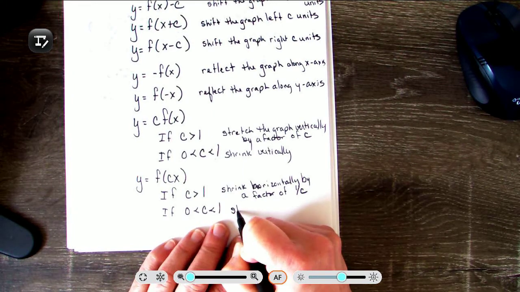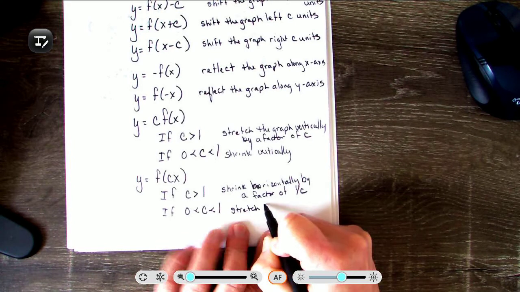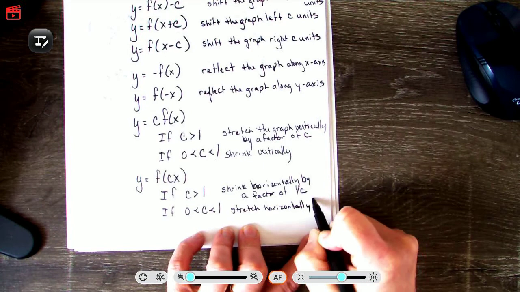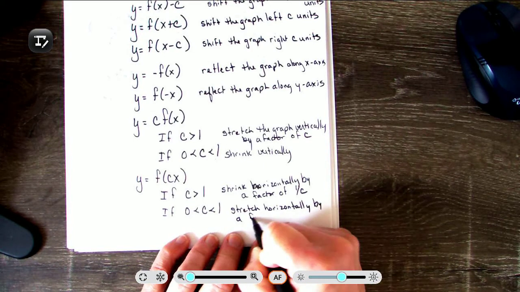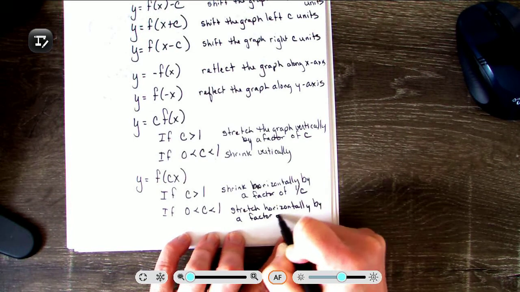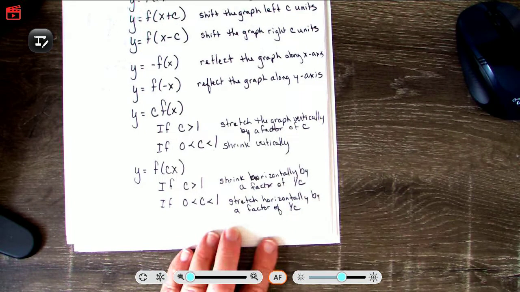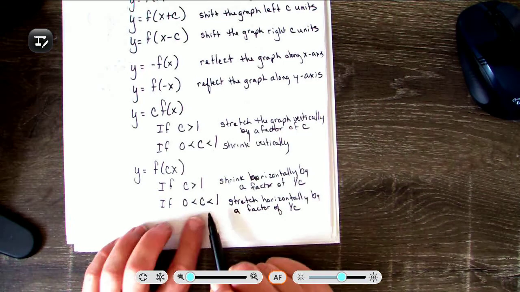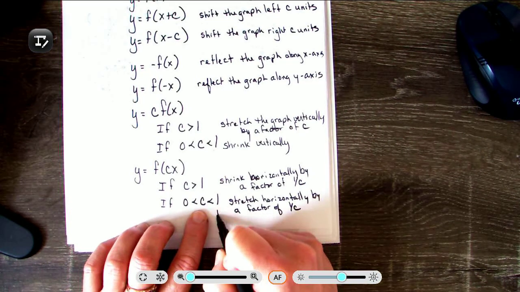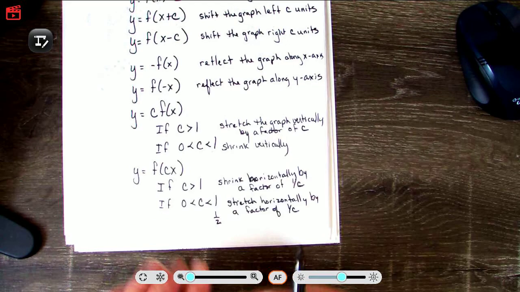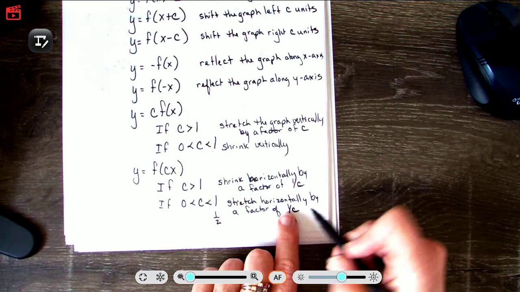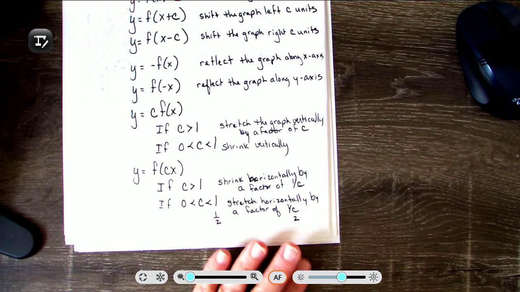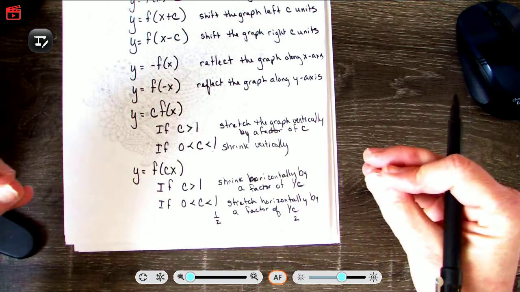stretch horizontally by a factor of 1 over c. This looks kind of funny because you're thinking fraction, fraction, but if c were a half, we would stretch it by a factor of 1 over this, which would actually be 2, so we'd be stretching it out twice as far.